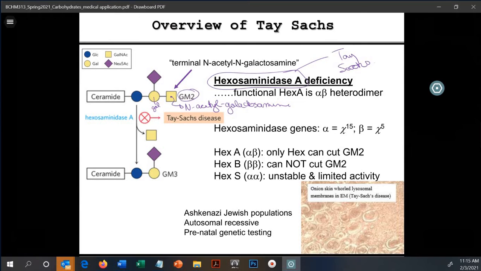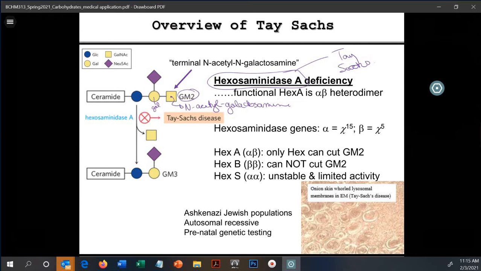And so the lysosomes are going to get packed with this lipid, and that's going to eventually damage the cellular function. The cell will die. These lipids are pronounced on neurons. And so if we disrupt the functioning of neurons, we disrupt the communication in the nervous system.